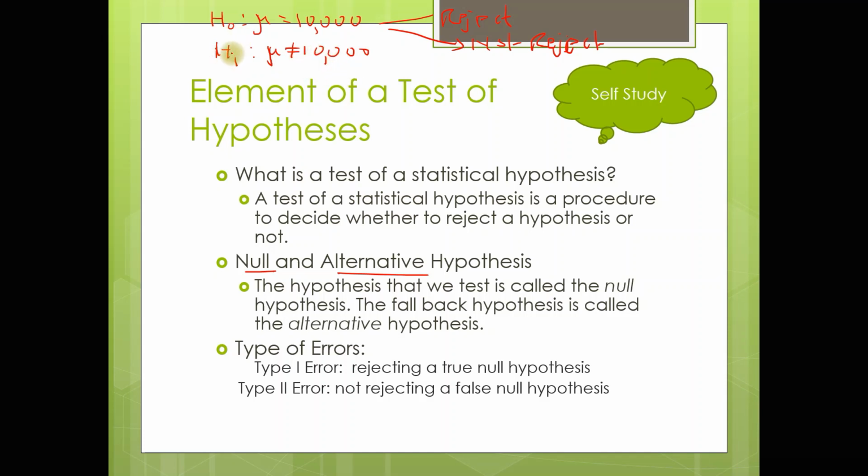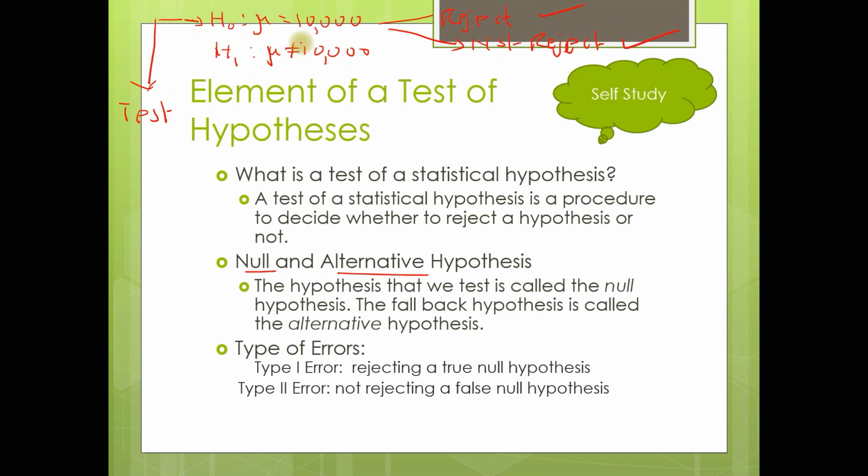So that's the idea behind the alternative and the null. There is something else that you need to realize: when you are doing your test of hypothesis, there are two hypotheses set in front of you. You nevertheless always test the null. It's only the null that you are going to test to come to a conclusion of whether you reject or do not reject.